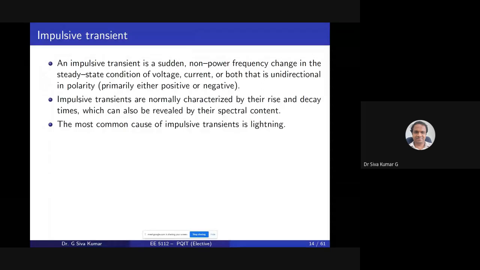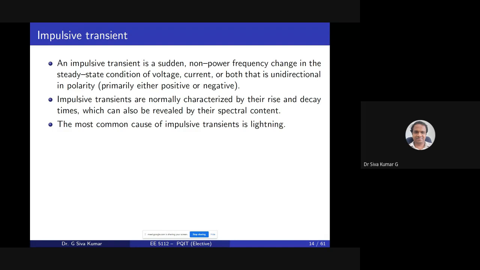An impulsive transient is a sudden non-power frequency change in the steady state condition of voltage or current, or both. It is unidirectional, with either a positive or a negative change in magnitude. These are categorized based on rise and decay times, which can be revealed by the spectral content.